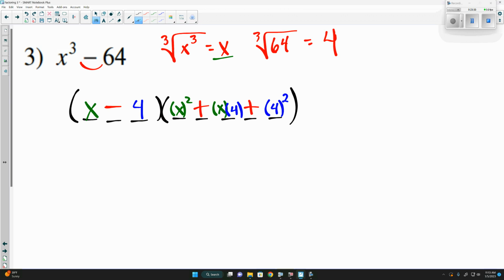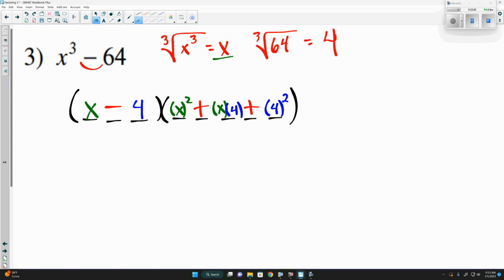Now I have seen a few of these pop up on ACT questions, factor the following polynomial, and they'll pull this up here. Now realistically at this point, you would most likely have the correct answer, because any of them that don't have x minus 4 as one part of the answer, you can get rid of those.